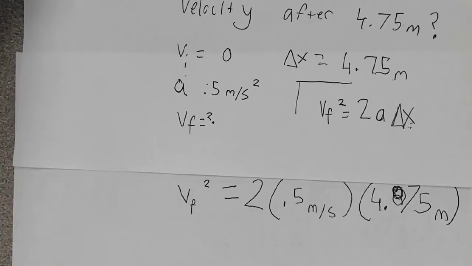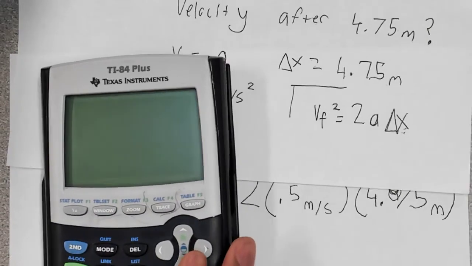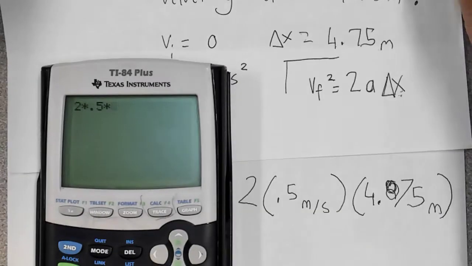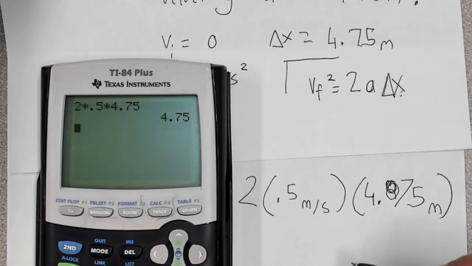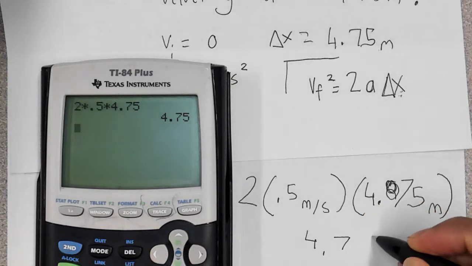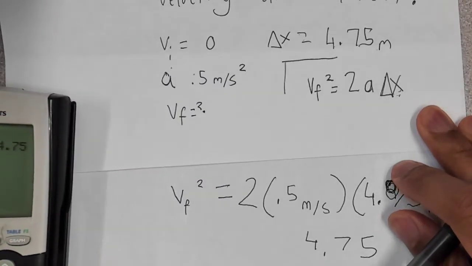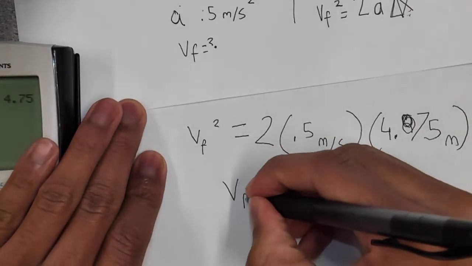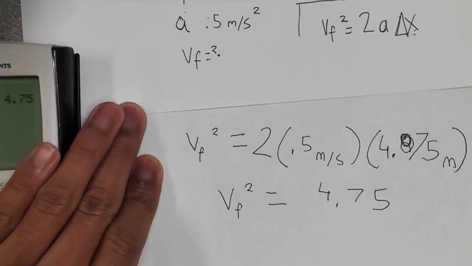I'm going to grab a calculator. Two times 0.5 times 4.75 equals 4.75. So final velocity squared equals 4.75.